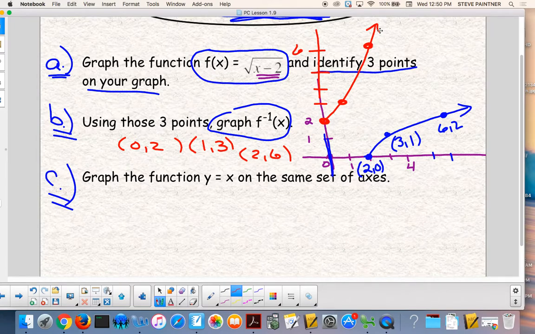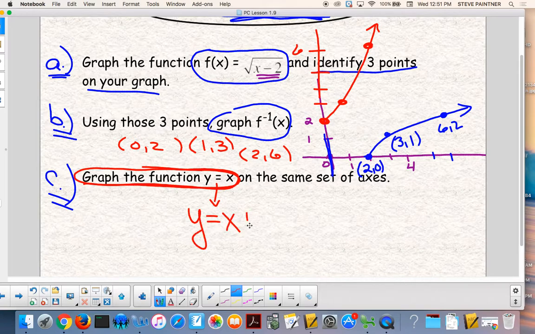So now, would you please do me a favor and graph this function y equals x? Just graph it on your paper somewhere. Now remember, y equals x is just linear. You could write it in slope-intercept form.